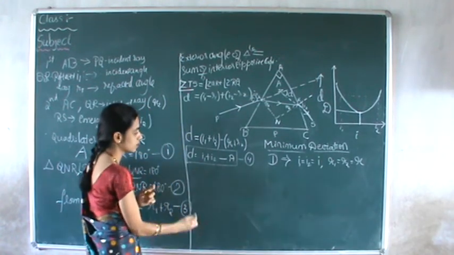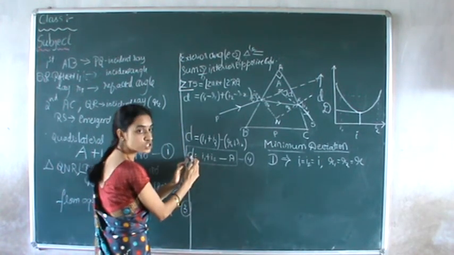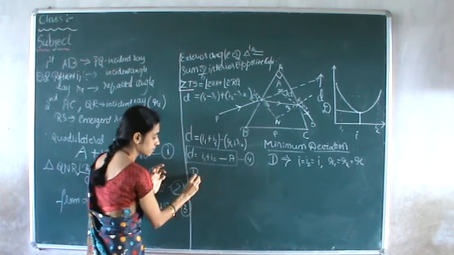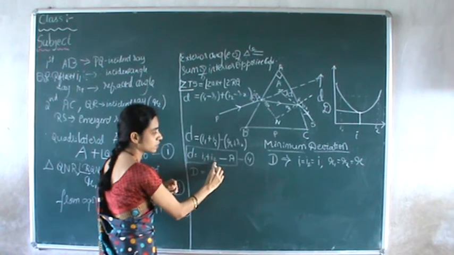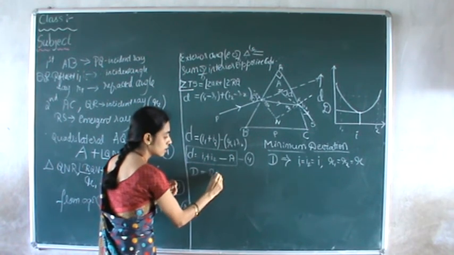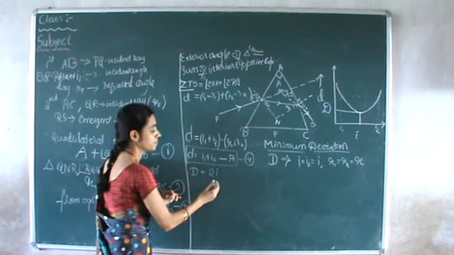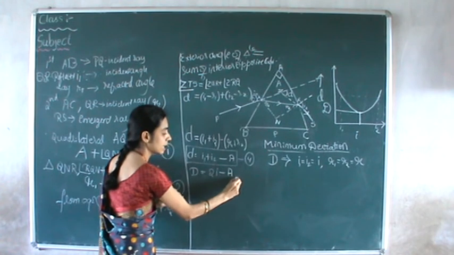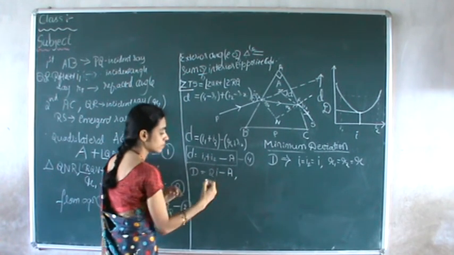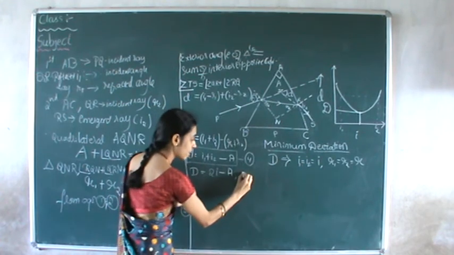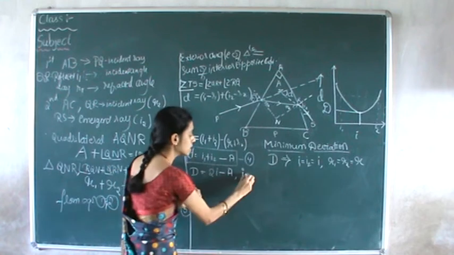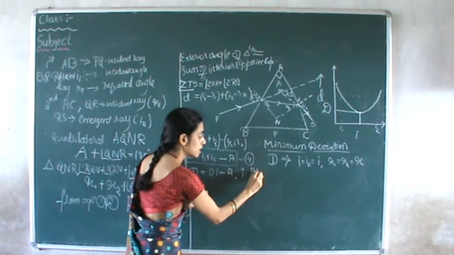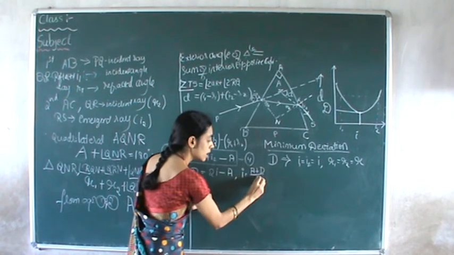Substitute here. Instead of writing small d, replace it by capital D. In terms of I, I will be equal to (A plus D) by 2.